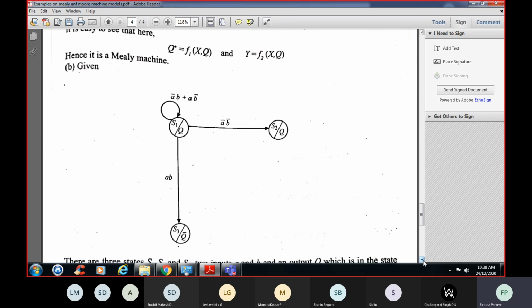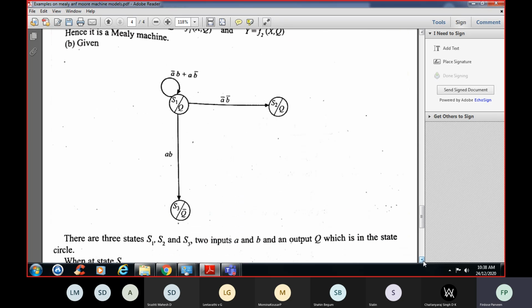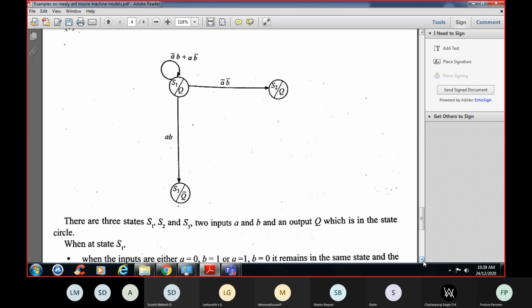So now let us see the next example. How many states are there? There are 3 states, S1, S2 and S3.